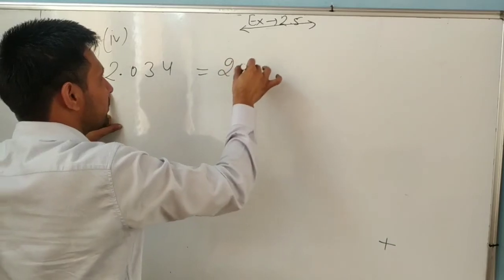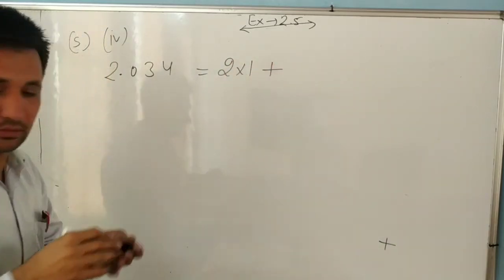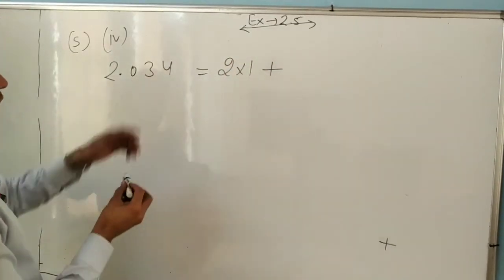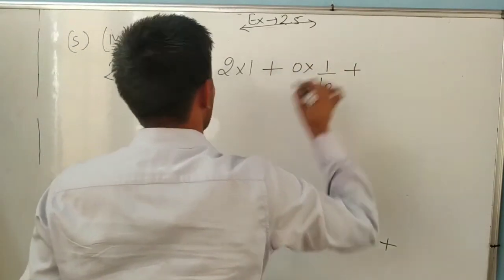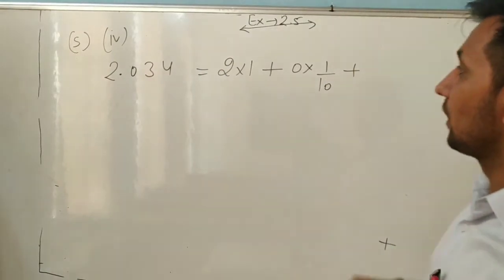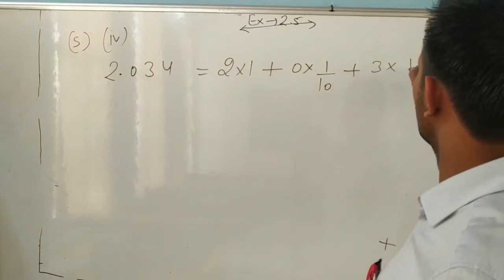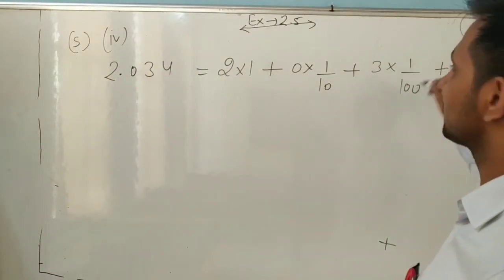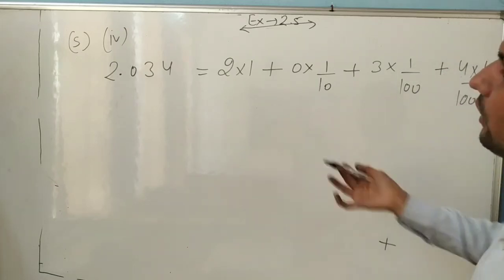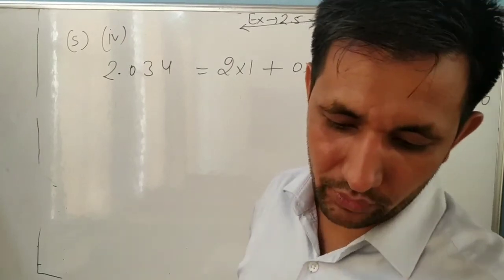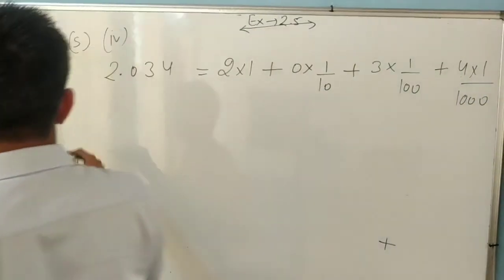Ones. 2 into 1 plus place value of 0, tenth, 0 into 1 upon 10, plus place value of 3 into 1 upon 100, plus place value of 4 into 1 upon 1000. So you have to write this yourself. Okay.